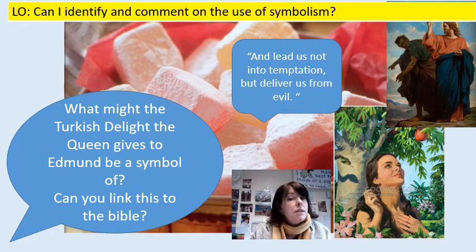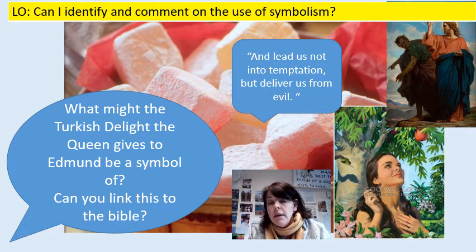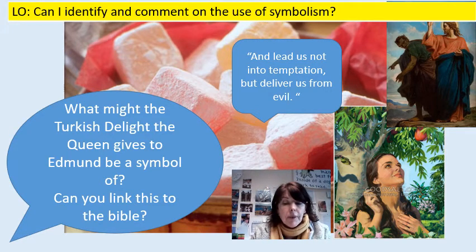By giving him this Turkish delight, the Queen is getting him to reveal lots of secrets about his brothers and sisters, and eventually that leads to some quite serious actions on Edmund's part. So you might remember the Lord's Prayer. It says, "Lead us not into temptation, but deliver us from evil." And it's the temptation of this Turkish delight that means that he goes down this evil path.